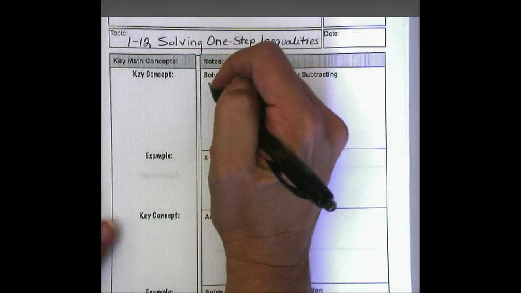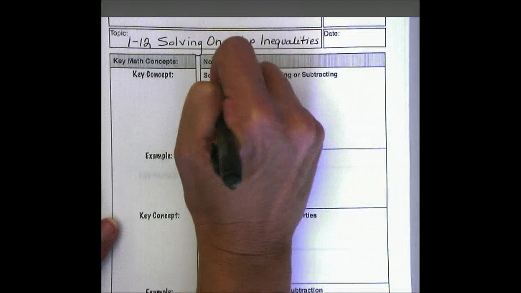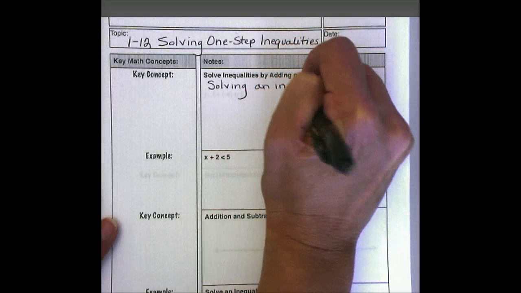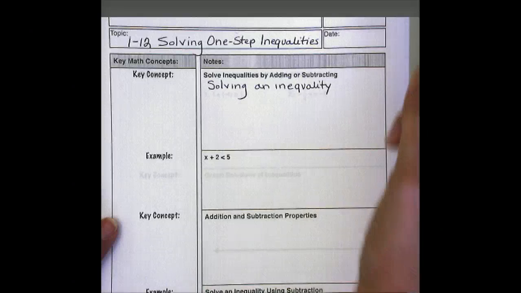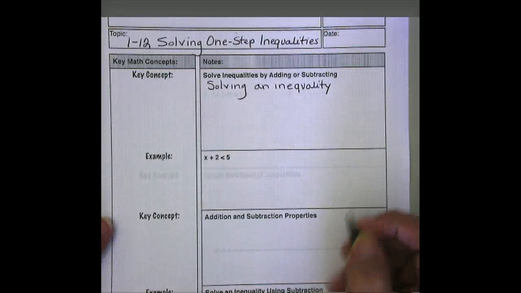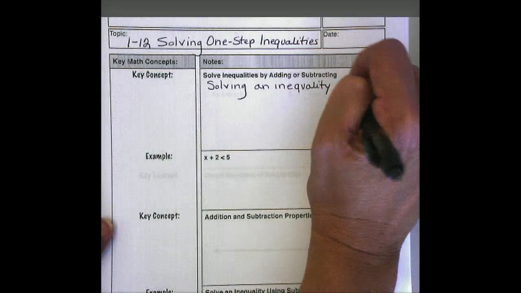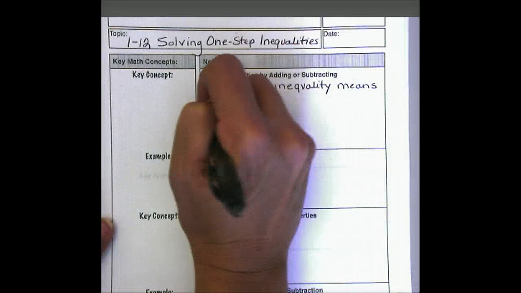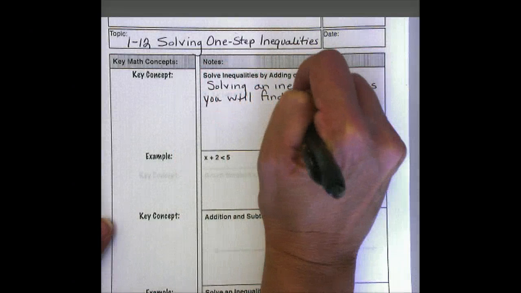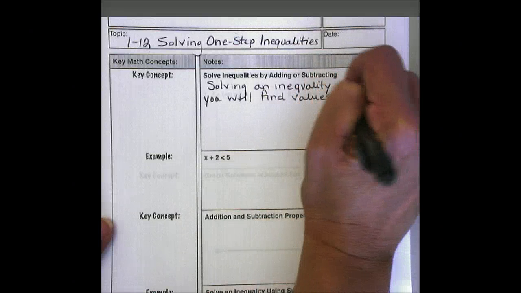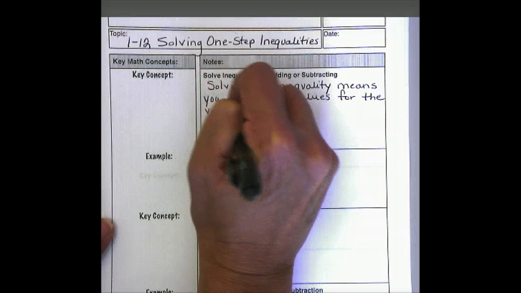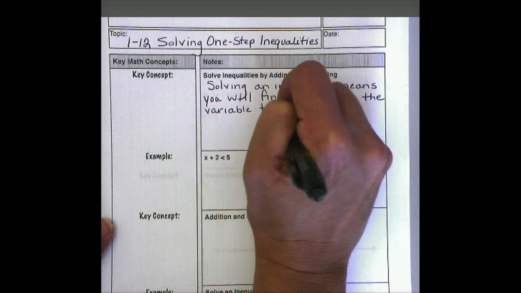First of all, solving an inequality means that you're going to find values for the variable that make the inequality true.